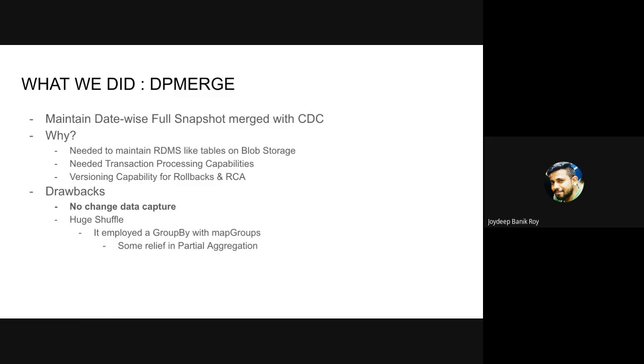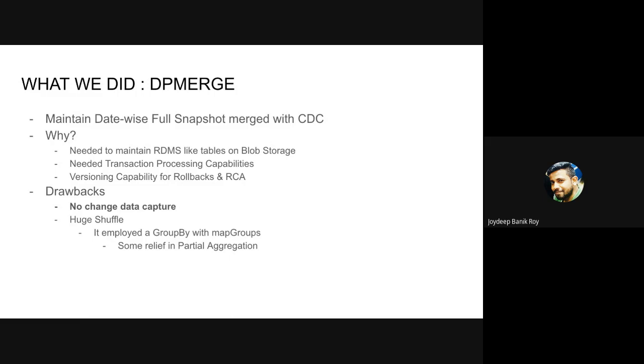And this full snapshot is augmented by daily change data, or daily ETL as we call it, that augments the full snapshot. And earlier we used to run Spark jobs, which would merge on a daily basis the change data with the full snapshot.